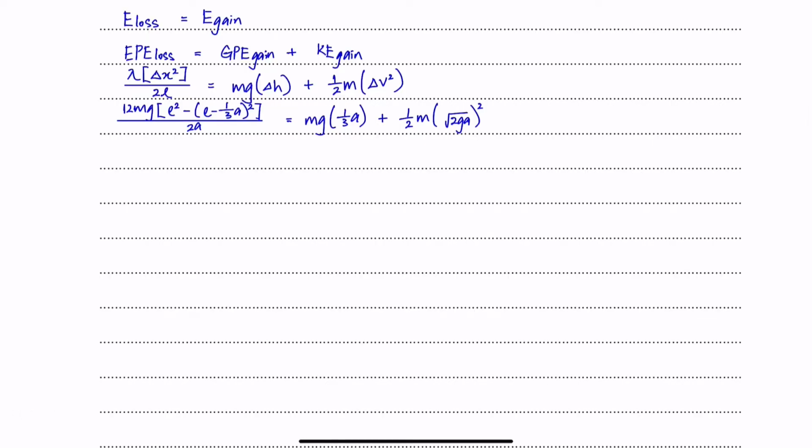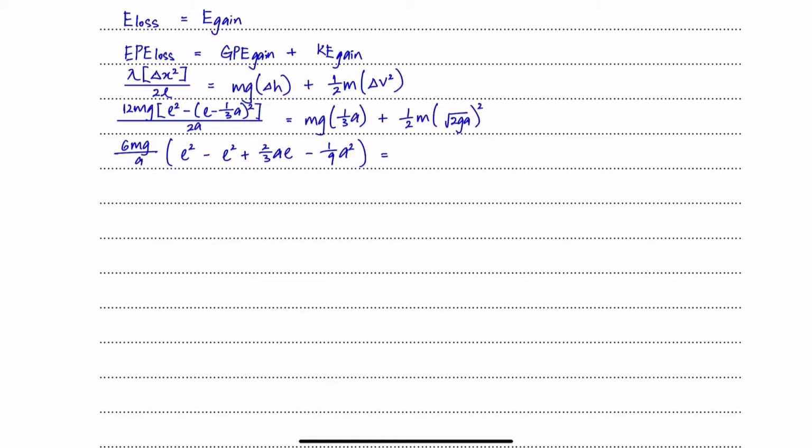And now let's simplify this equation. So on the left side, we have 6 mg over a times e squared minus e squared plus 2/3 of ae minus 1 over 9 a squared.